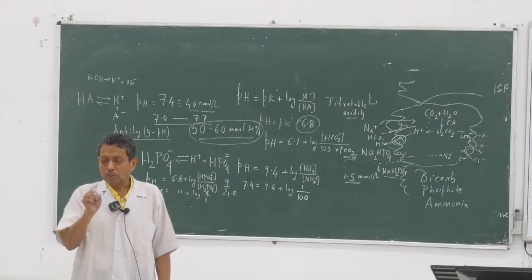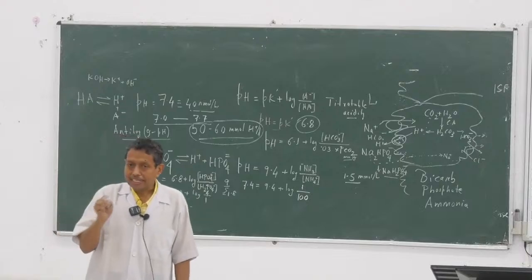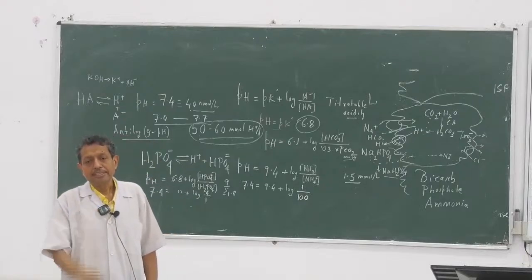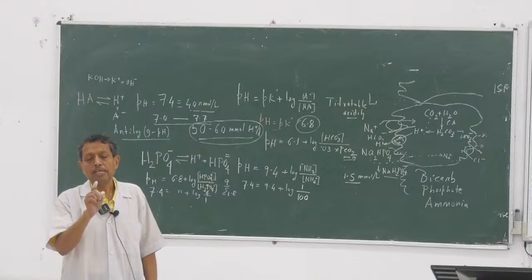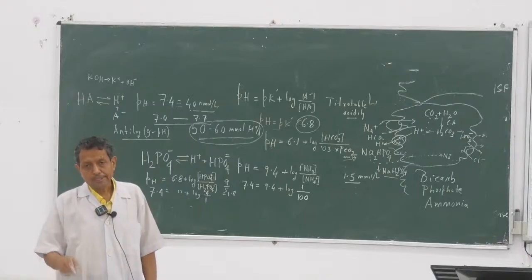So our question is the titratable acidity. Titratable acidity is mainly the phosphate, acid phosphate. It can be titrated. And acidified urine can vary from 4.4 to 8.0.